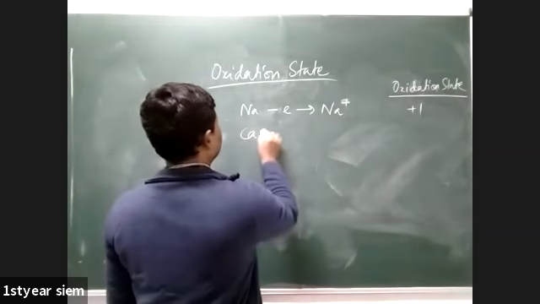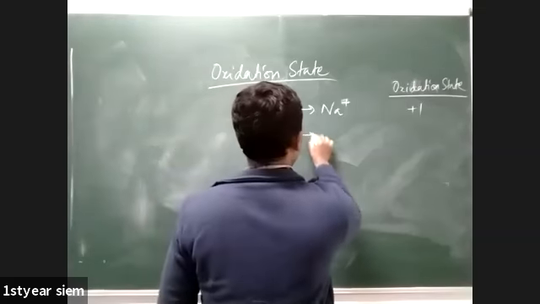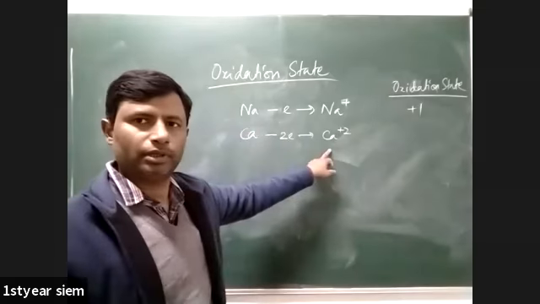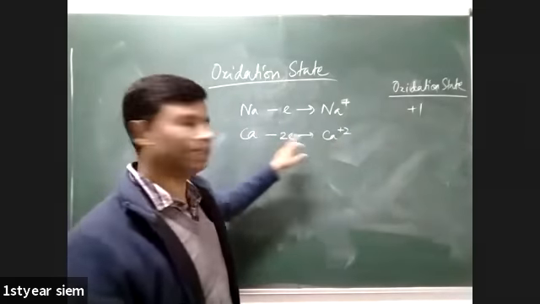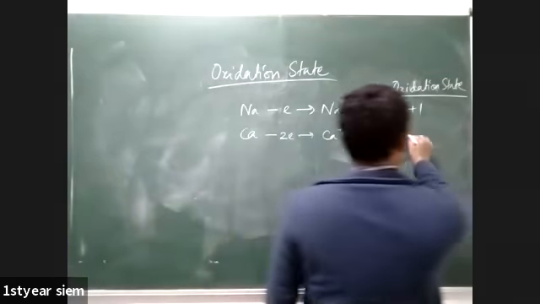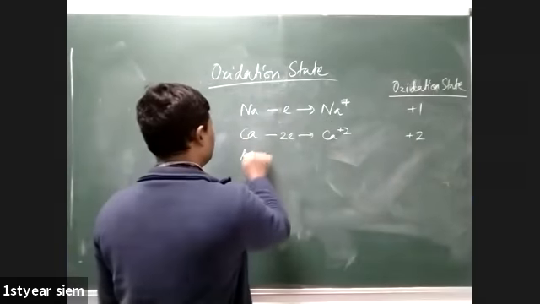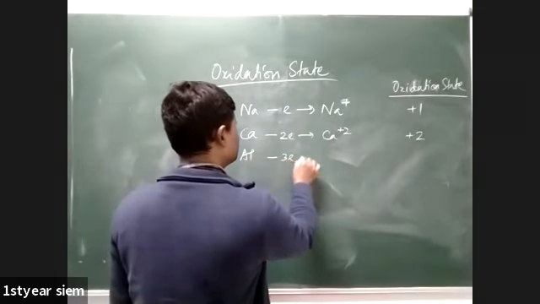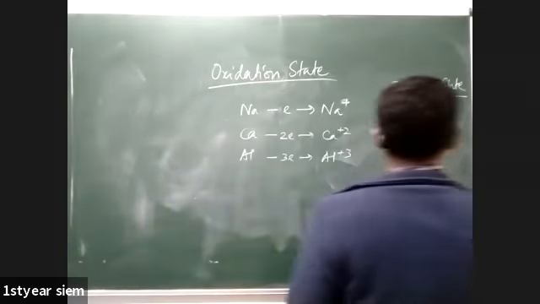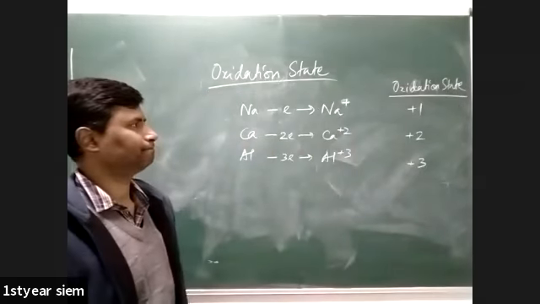Calcium loses two electrons to form calcium plus two, so its oxidation state is plus two. Aluminium loses three electrons to form aluminium plus three, so the oxidation state is plus three.